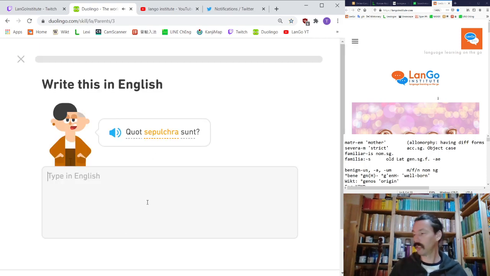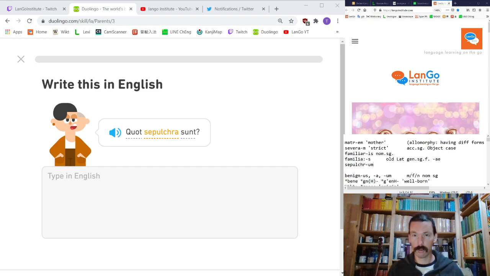Quot sepulchra sunt? Speaking of neuter, this one, sepulchra, the ending tells us it's plural, because the singular would be an um. Sepulchrum is a grave. That's nominative singular. If it ends in a instead, that's nominative or accusative plural.